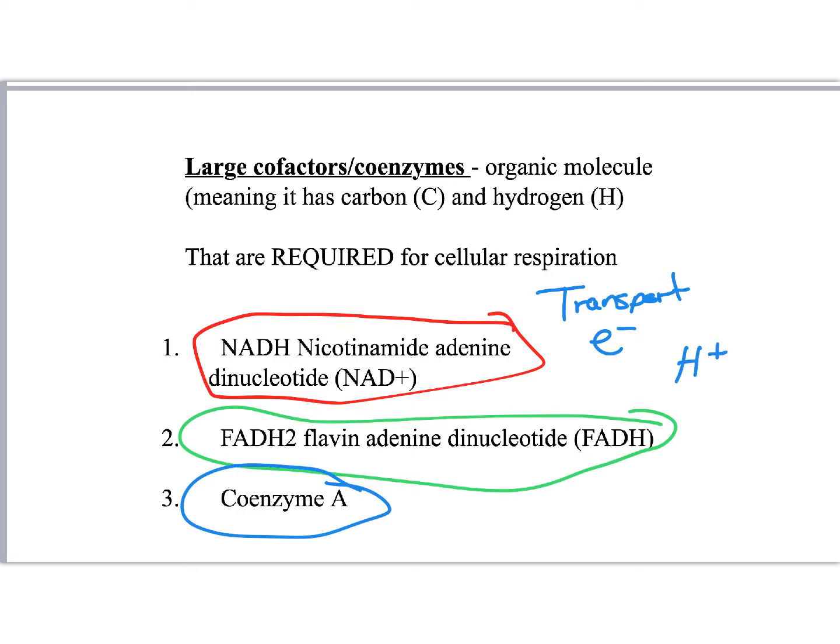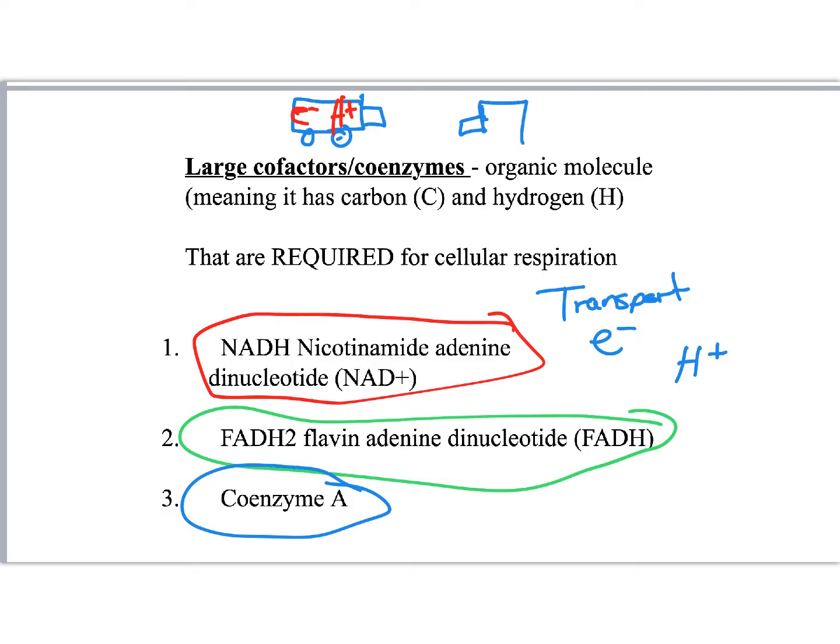So, how can I think about this? I guess one way to think about these would be almost like little delivery trucks, right? So think of them like a little delivery truck. Okay? And sometimes they're going to have electrons and hydrogens to transport. And sometimes after they drop them off, these are some sad trucks.